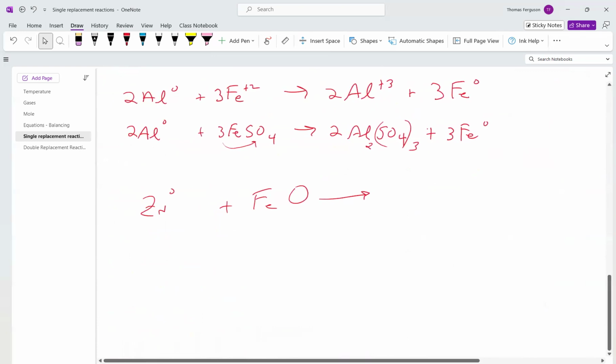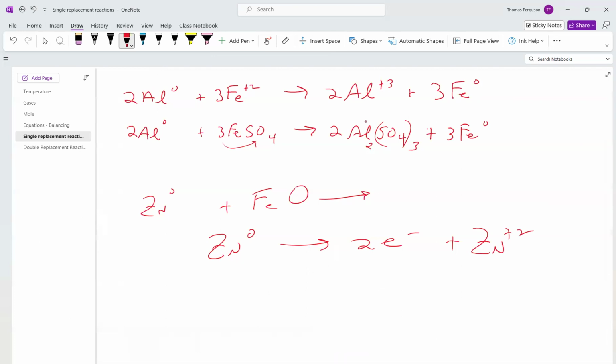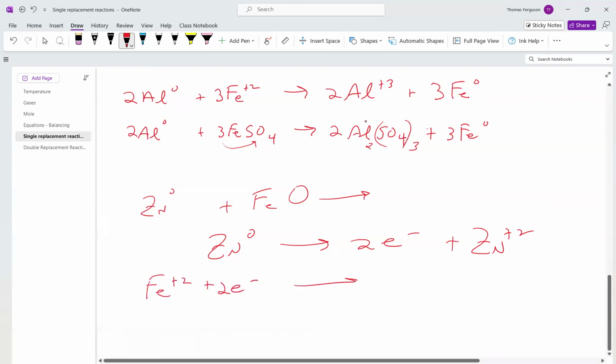Okay, that means let's write out the half reactions. We have zinc metal loses 2 electrons and becomes Zn2+. The cation part of the salt is Fe2+. Now I'm going to add these two up.